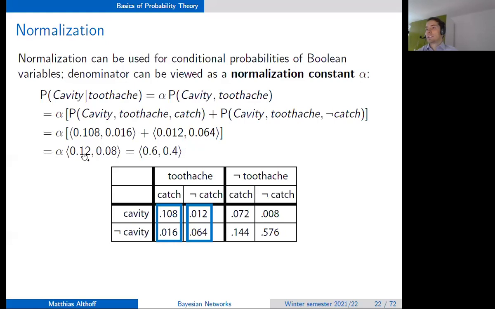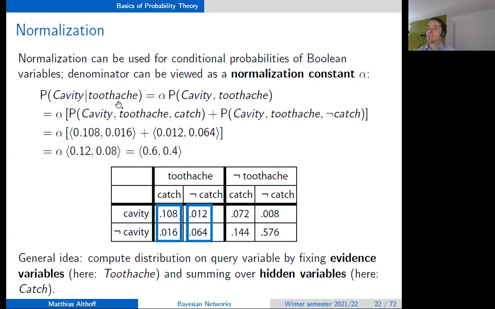Of course, this doesn't sum up to 100%, so we find an alpha such that we raise both numbers equally, such that in the end they sum up to 1. This is what the normalization does. So now we computed this conditional probability without computing a conditional probability, but by using normalization. And this trick is used several times later on, which is why it's introduced here.